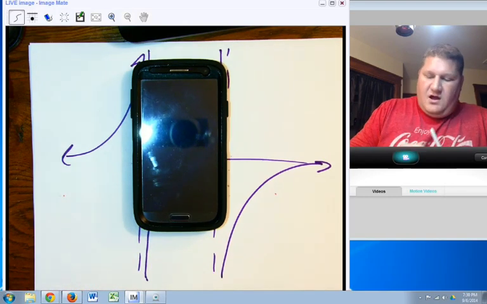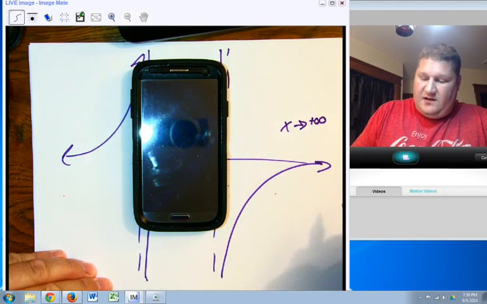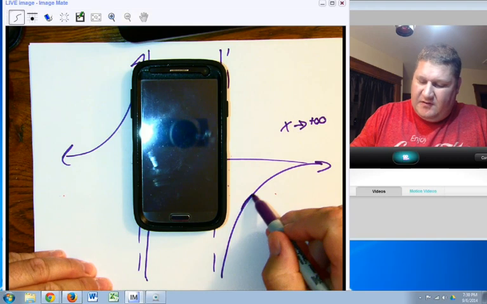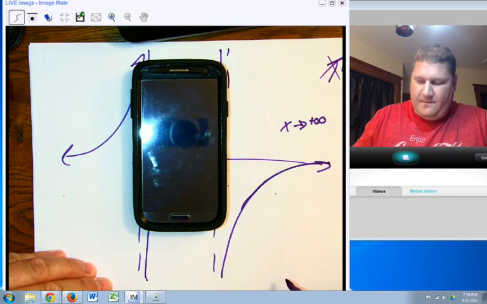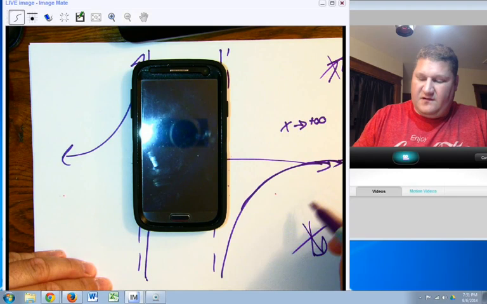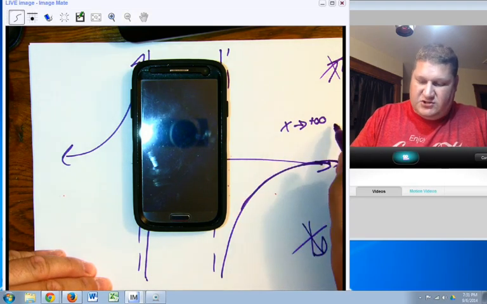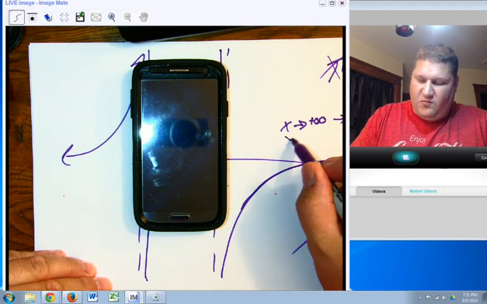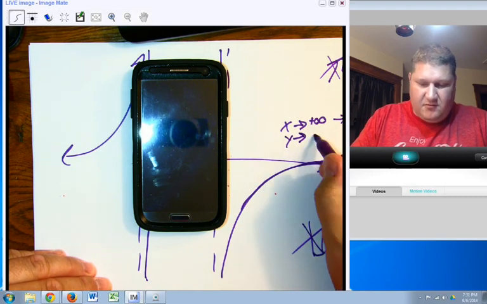What I want to know is as x goes to positive infinity, where does y seem to be going? It does not seem to be going up. It does not seem to be going down. It seems to be leveling off somewhere near, let's go with 0. So as x goes to positive infinity, y goes toward, not up, not down, 0.